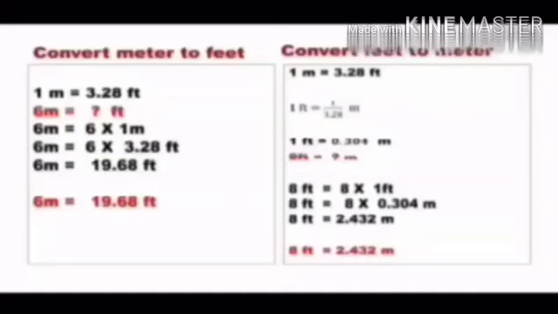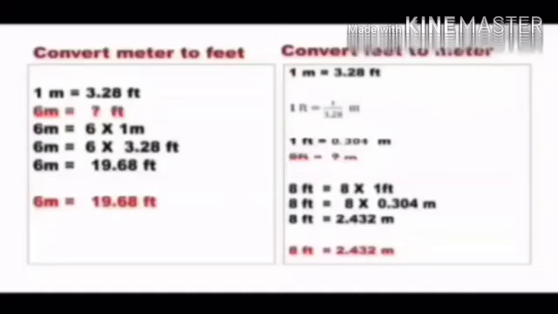Let us move on to feet to meter conversion. We know 1 meter equals 3.28 feet. If you want to convert from feet to meter, you have to calculate how much meter is equal to 1 feet.